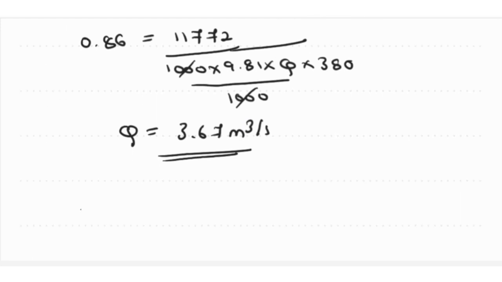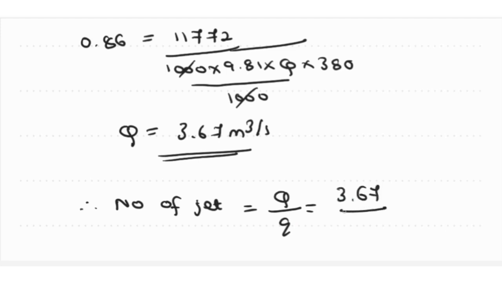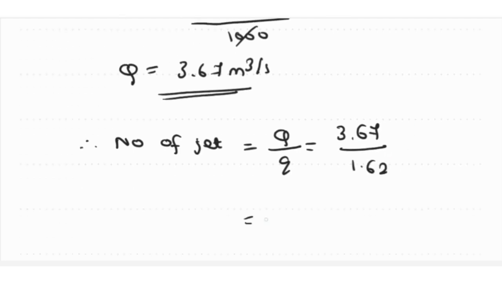Therefore number of jet is equal to capital Q divided by small q, 3.67 divided by 1.82, so that is equal to 2.01.